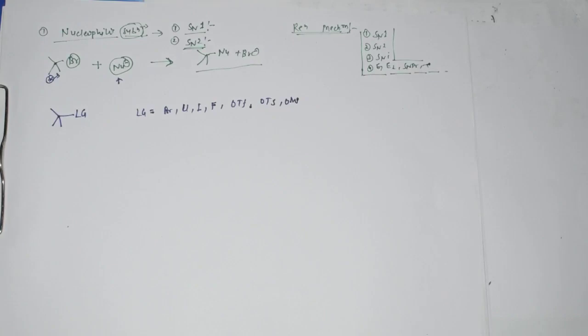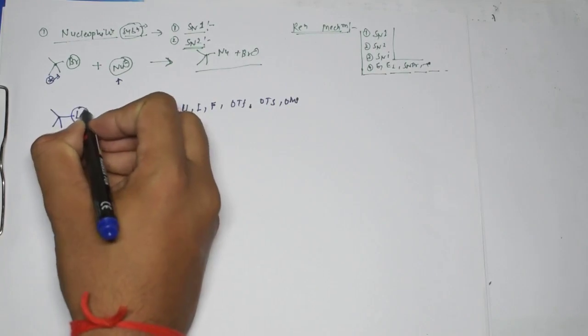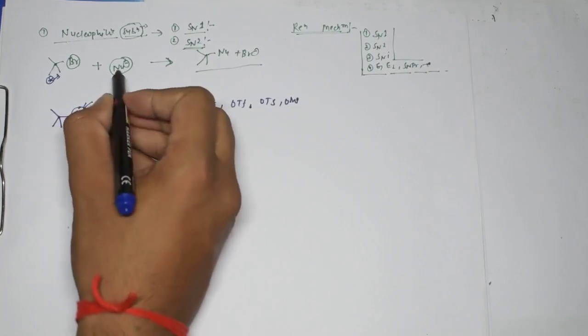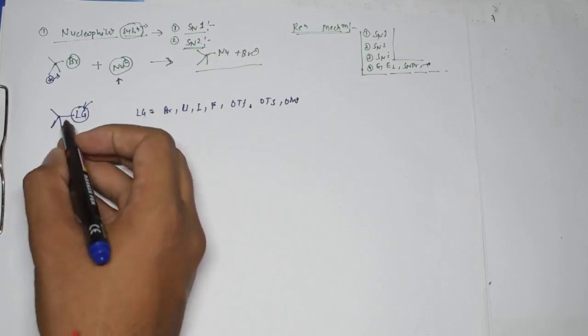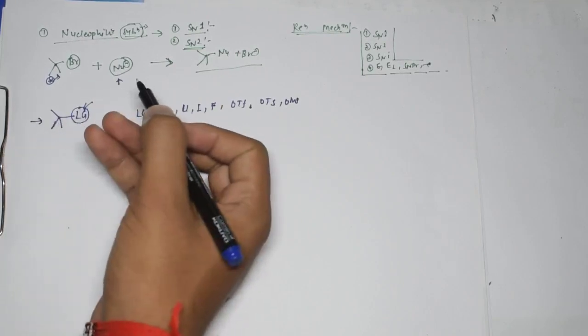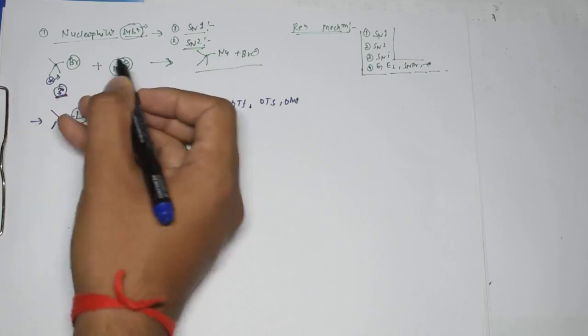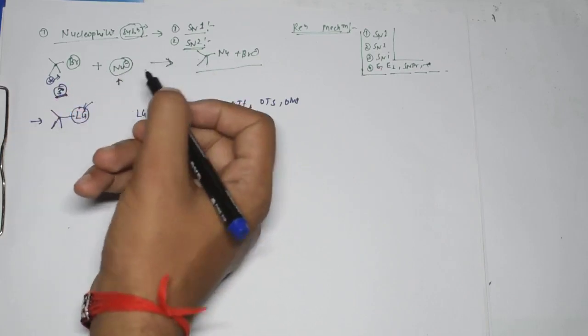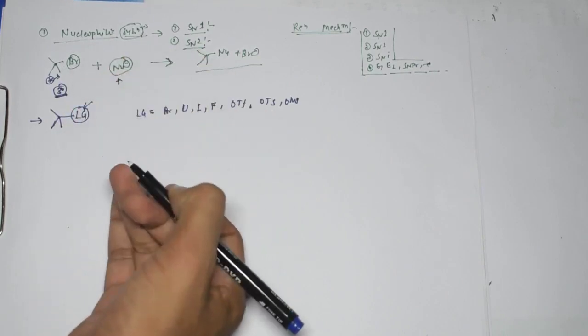So these all can be the leaving group. So these leaving groups are replaced by any nucleophile, right? So this is the example of nucleophilic substitution reaction, and here generally we take third degree alkyl halides, right? So that is replaced by any nucleophile. That is the example of SN1 reaction.